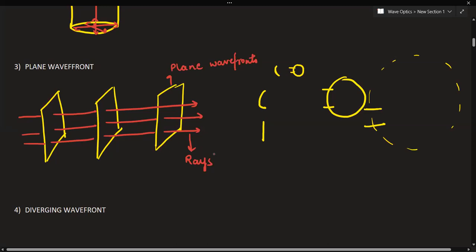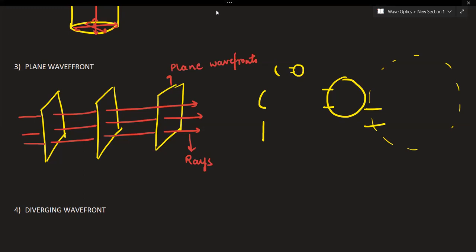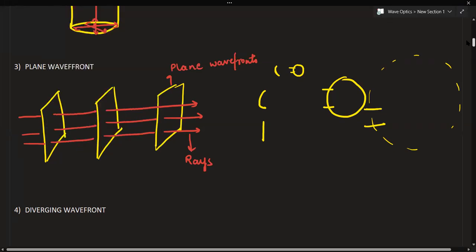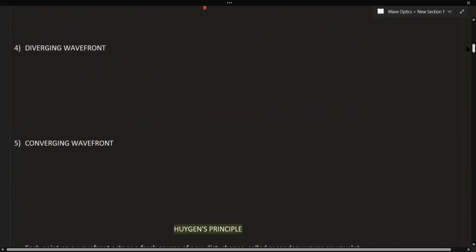So for a plane wavefront, as the curvature decreases, we'll get a plane wave. Now see, now your concept comes of ray optics, diverging and converging. The two types of wavefronts that are left are diverging wavefronts and converging wavefronts. Now see what is meant by a diverging wavefront. If I get various curves, various wavefronts, and not the complete sphere, just a part of the spherical wave, I have all these.